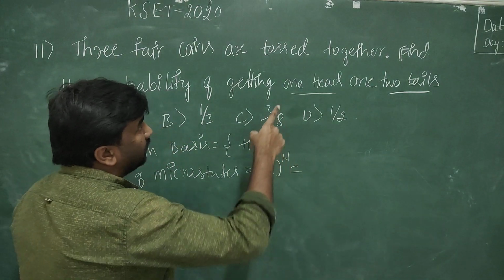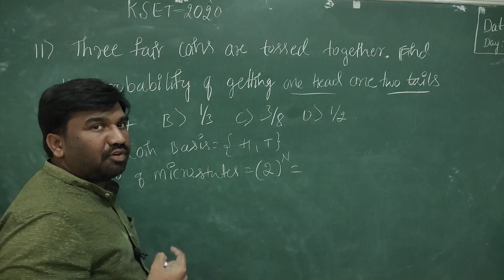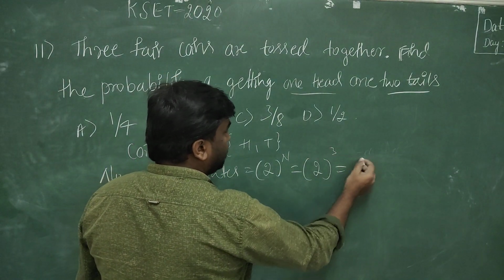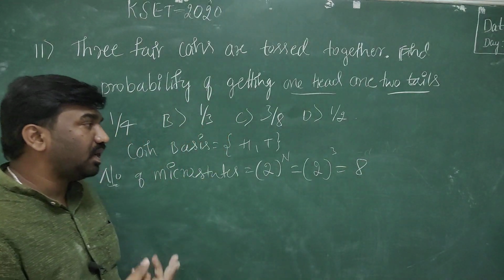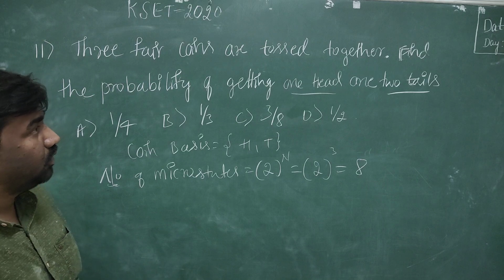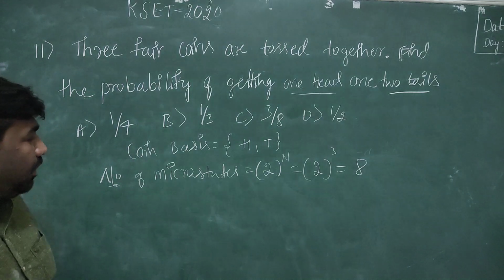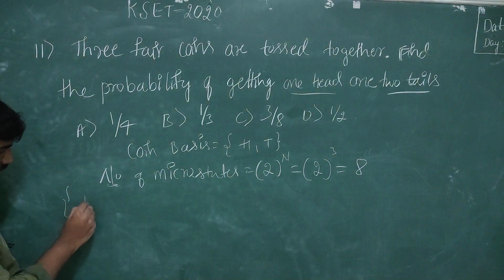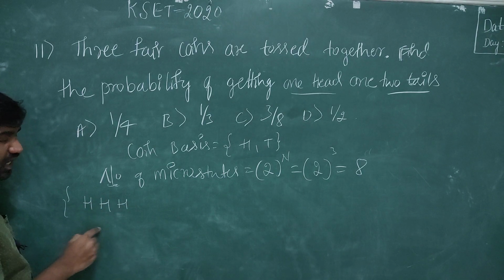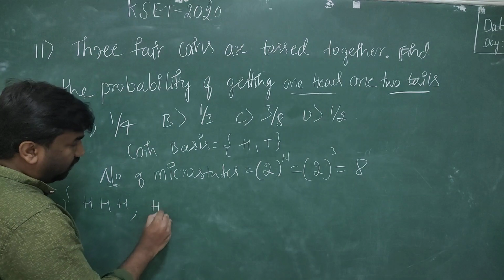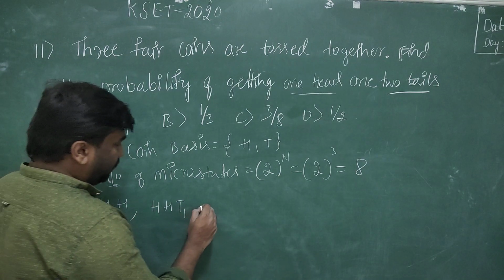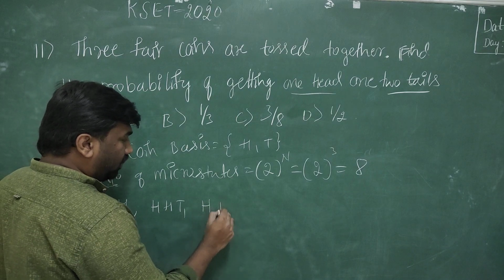Here there are 3 coins, so it is 2 power 3, that means 8. So 8 possible arrangements can be made from this coin experiment. What are those? Head, head, head, all 3 coins may be heads, otherwise 2 heads and 1 tail, otherwise 1 head and 2 tails.